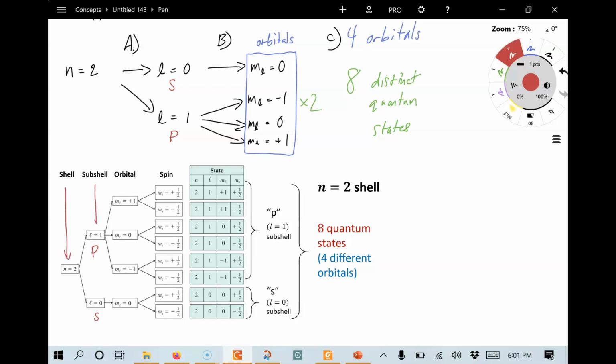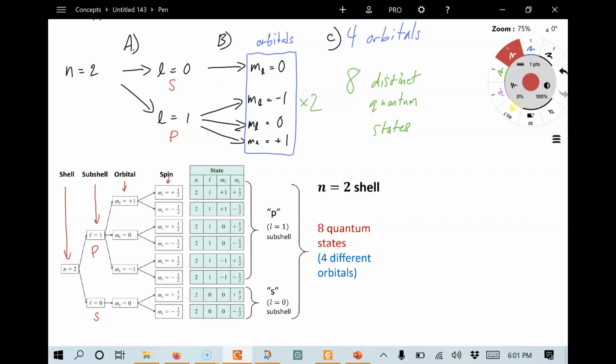Here are the subshells. You can go 0 or you can go 1 for L, the S and P subshells. And for the orbitals, again, we've got just a single orbital for the S, and you've got 3 p orbitals, again given by the m sub L value. Finally, you can duplicate each of those orbitals with an up or down, plus 1/2, minus 1/2 electron spin. You can see it there.